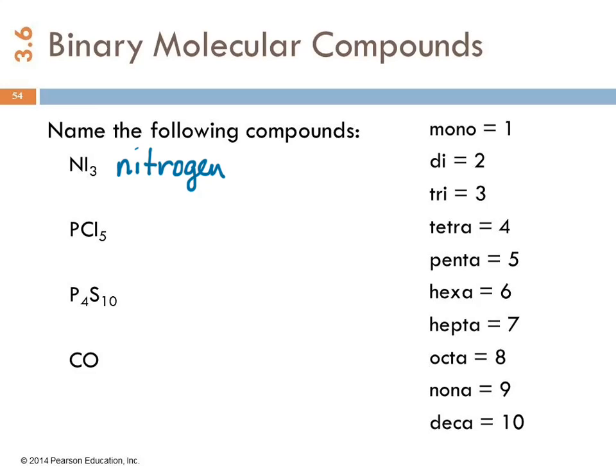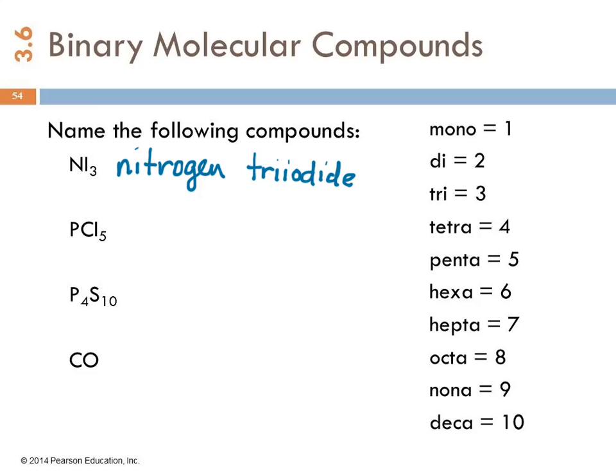And there's 3, so triiodide. Now that looks a little weird, doesn't it? The 2 I's right next to each other. Yeah, we just have to get over it. What we'll see is sometimes we'll drop one of the extra vowels in there, and sometimes we won't.